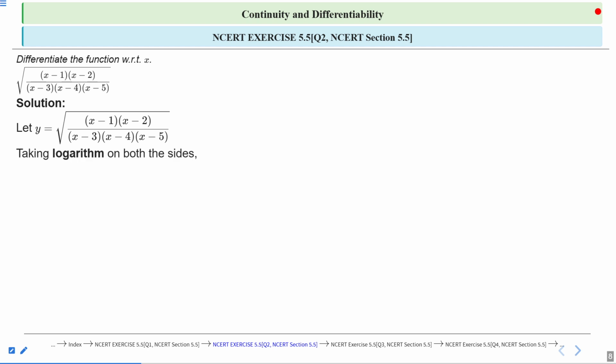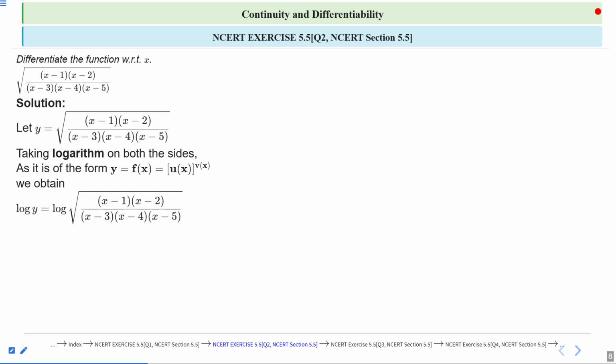Now taking logarithm on both the sides, as it is of the form y is equal to f(x) is equal to u(x) to the power v(x), right? So we obtain by taking logarithm both sides, log y will be equal to log of root over (x minus 1) into (x minus 2) upon (x minus 3) into (x minus 4) into (x minus 5), right?